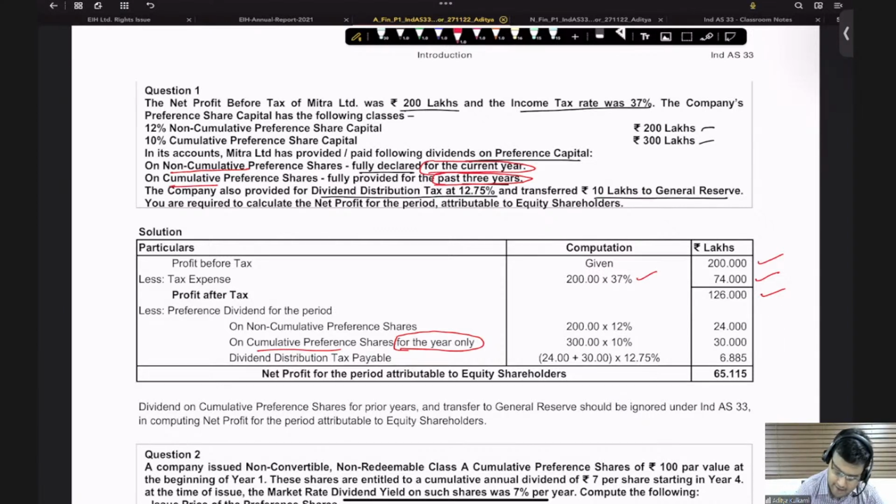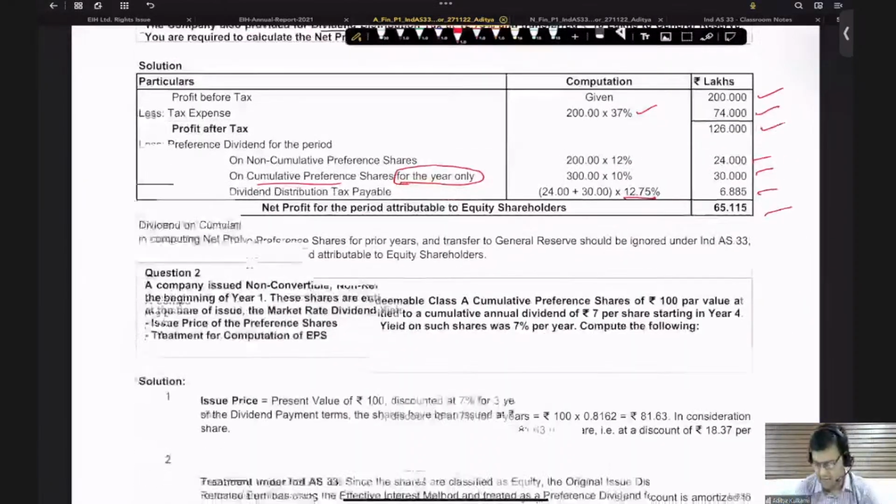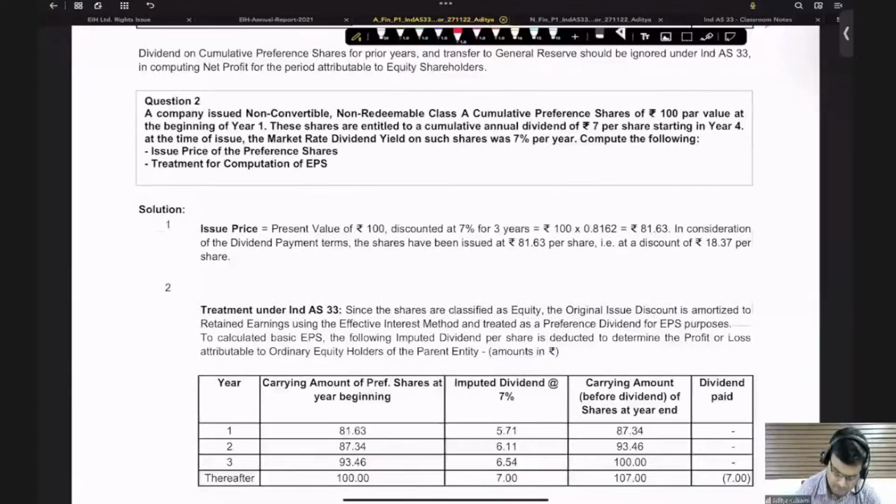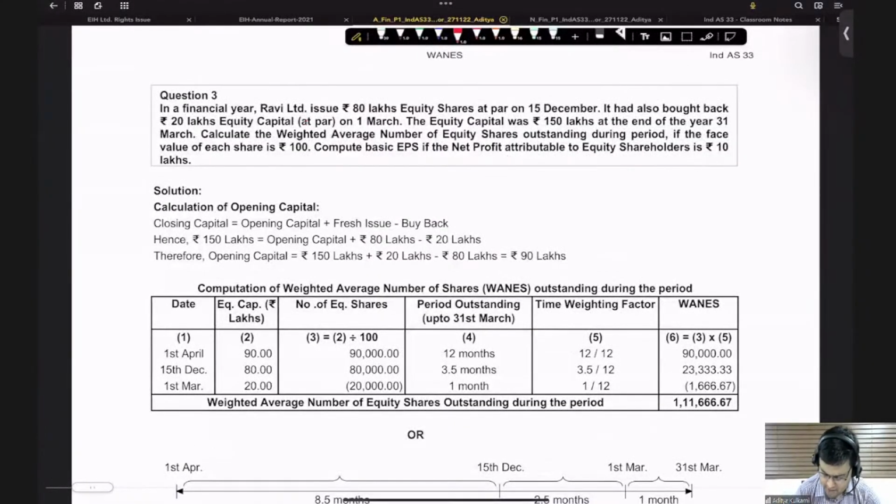At the same time, dividend distribution tax also is not going to come to the shareholders, it goes to the government. So 12.75% of that. Once you deduct that, net profit attributable to the equity shareholders is 65.115 lakhs. Okay, is this okay? Fairly simple. It was a small question, not much of an issue in it.